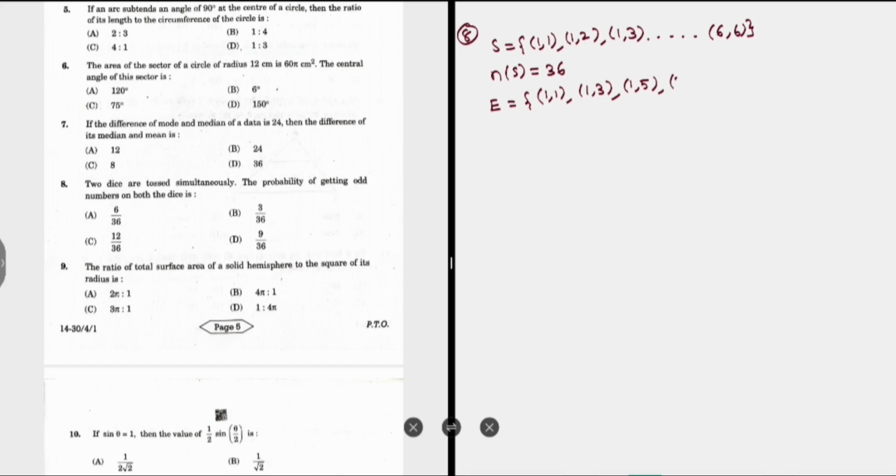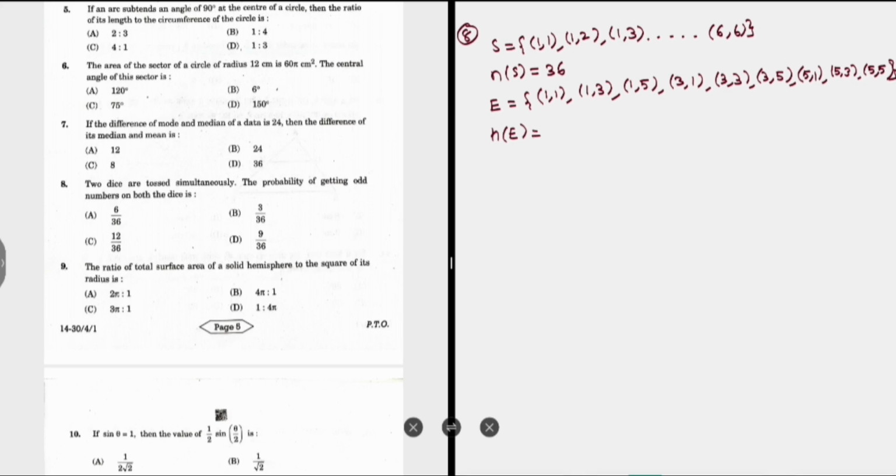Next one is 3 comma 1, 3 comma 3, 3 comma 5. Similarly, we can write 5 comma 1, 5 comma 3, 5 comma 5. So in total, how many did we get? n of E is equal to, we do not get others than these.